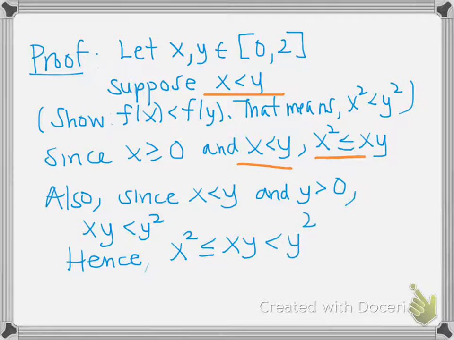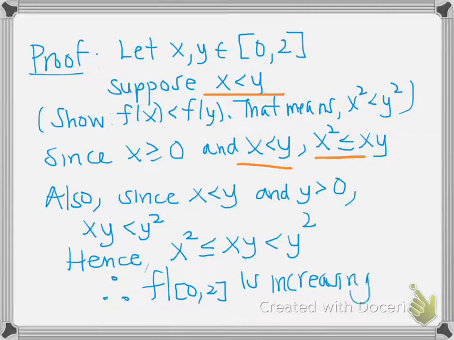And so we just showed that x squared is less than y squared. Therefore, f restricted to the closed interval [0, 2] is increasing. So pretty straightforward. Again, the proofs we get into are not necessarily long, but you really have to make sure you understand the definition correctly.